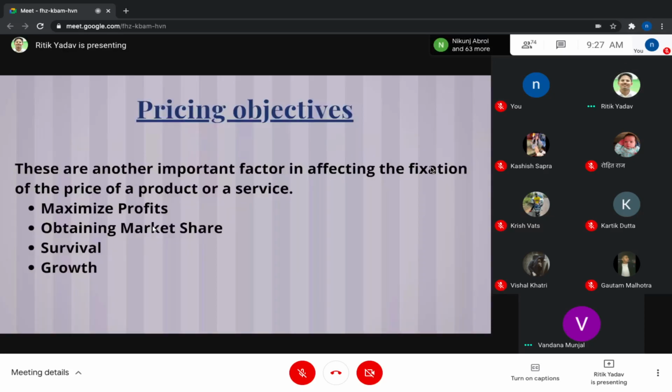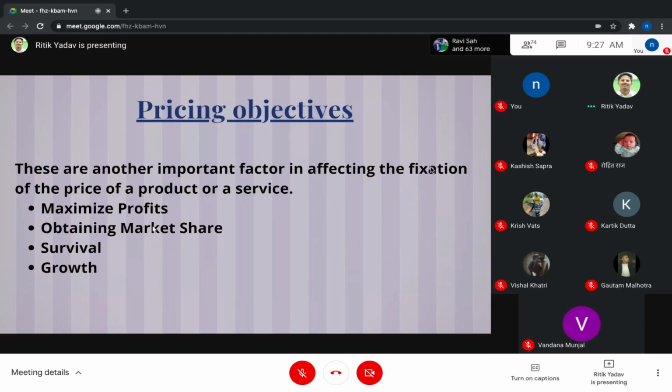Okay, so we have another factor, which is pricing objectives. These are another important factor in affecting fixation of price of a product or services. Generally, its main objective is to maximize the profit in the long run.